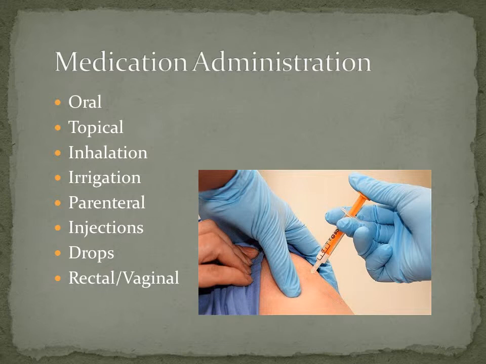And with nasal inhalants, make sure that the opposite nostril is closed prior to squirting the medication up the nose. There are some nasal inhalations where they get 1 squirt up one nostril on a daily basis, and you need to document which nostril is being used, and you'll use the opposite one the next day.